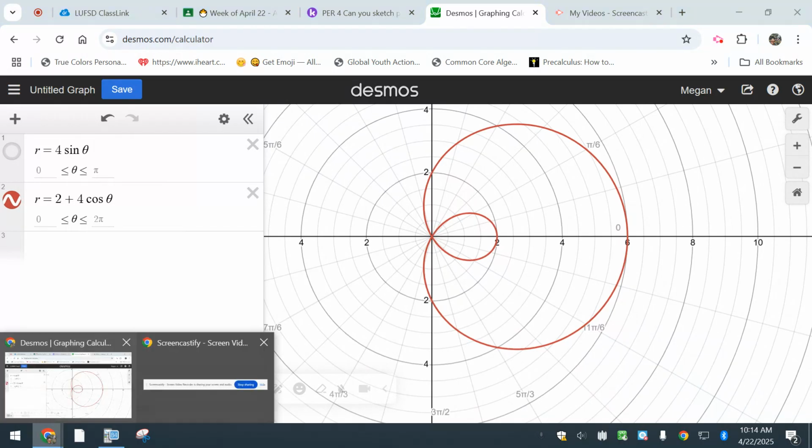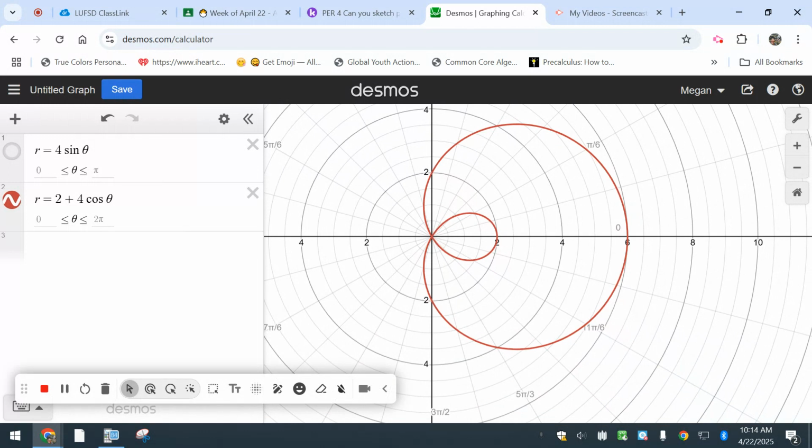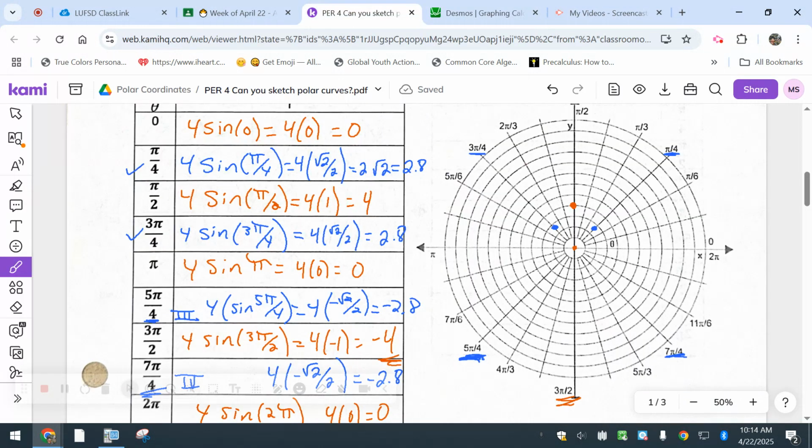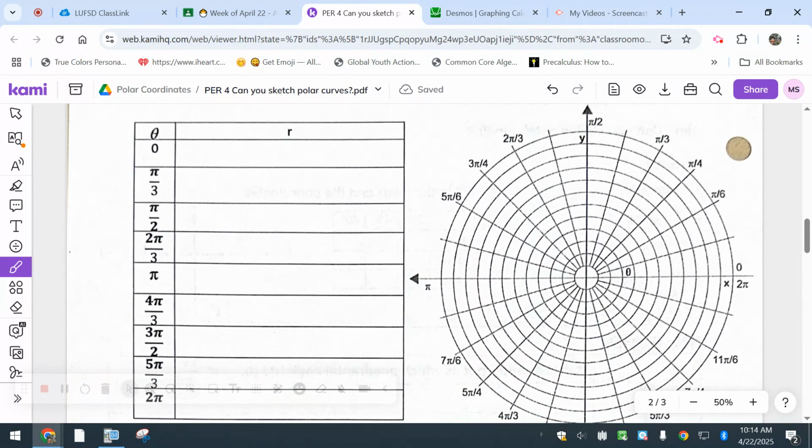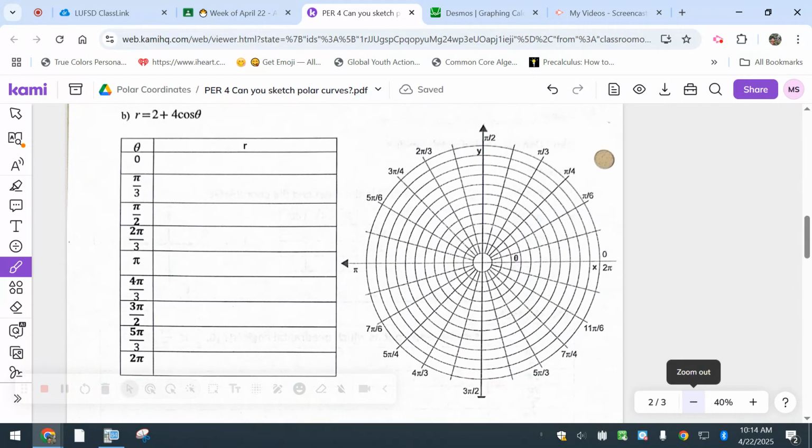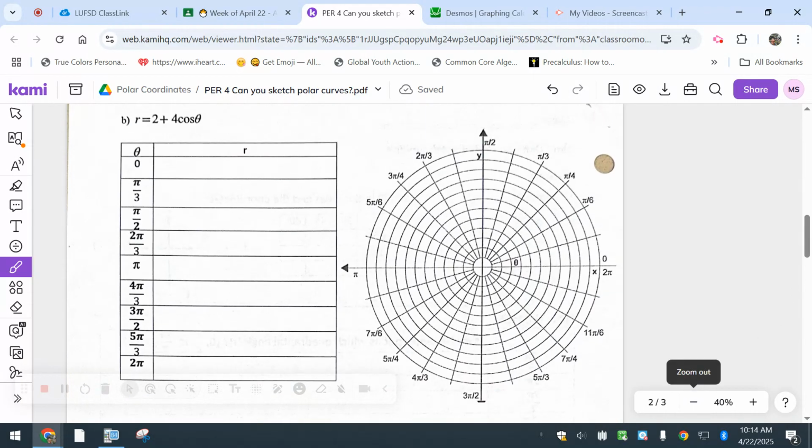So you guys are going to work on this one. All right. And it's just plug and chug. Okay. But make sure you're writing, like, show your work. I'm big on doing like 2 plus 4 times the cosine of 0. I'll do the first one with you.